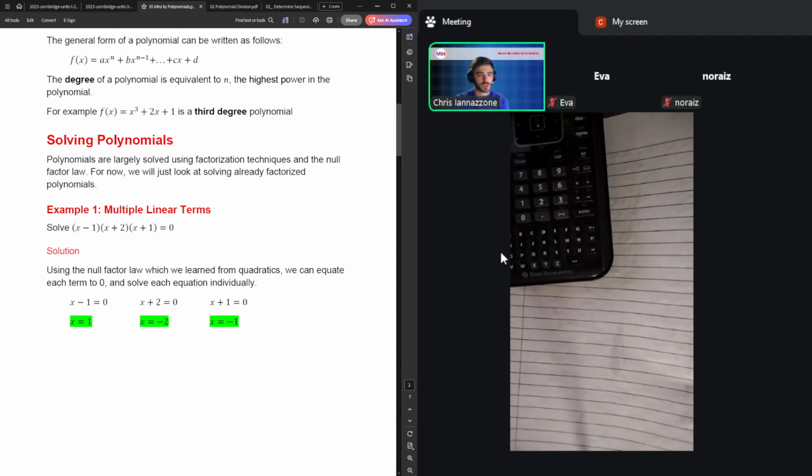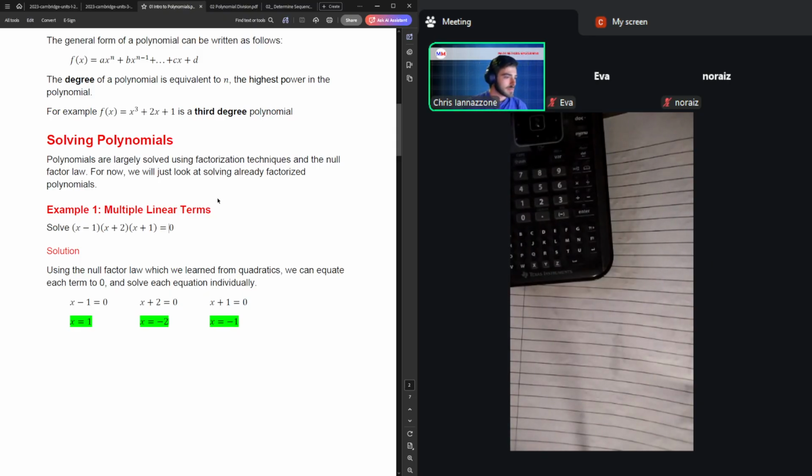But when it comes to more complicated cubics, more complicated polynomials, I should say, you don't really have that luxury. The main way that you can solve things via algebra is going to be through factorization and the null factor law. That's basically all you have before having to resort to your CAS to solve things using more computer effective methods rather than things that we would do by hand.